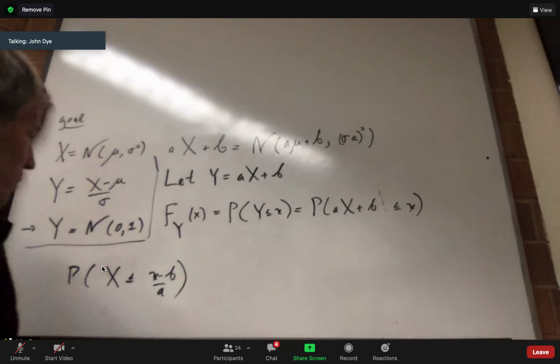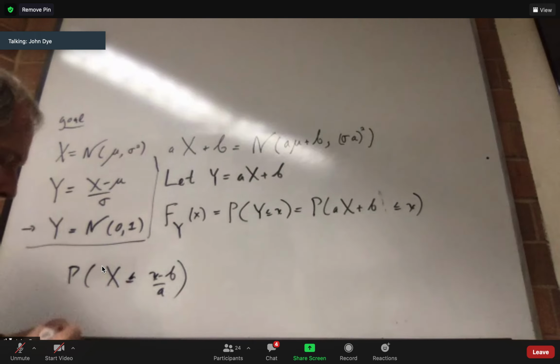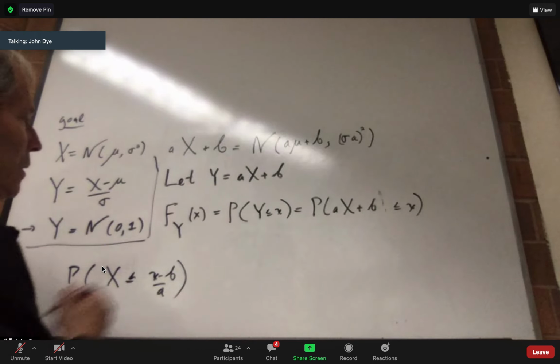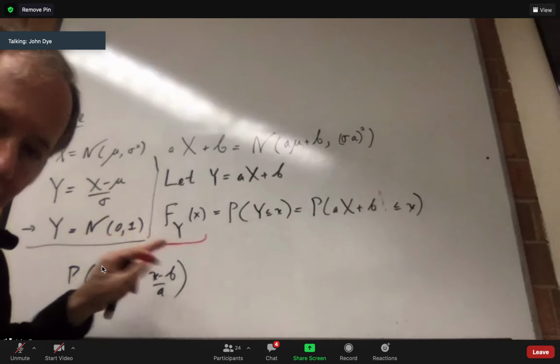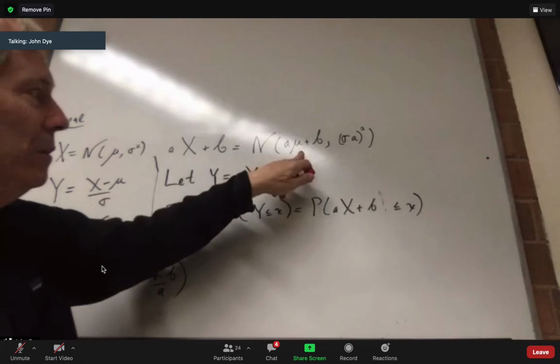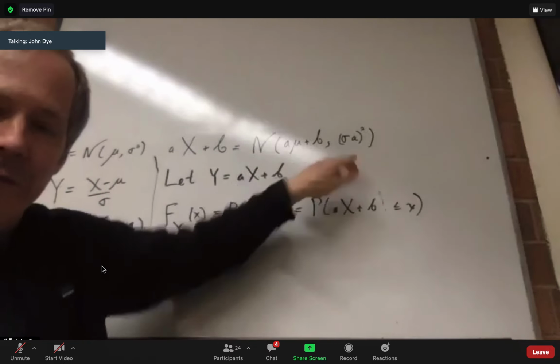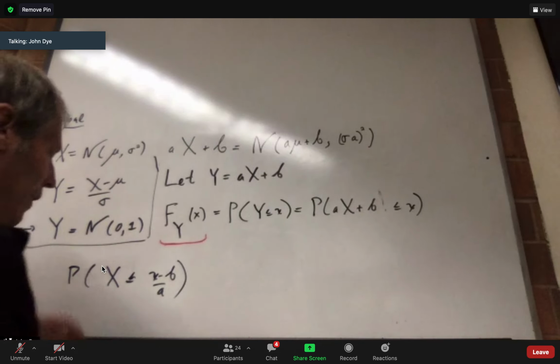Now you have some choices on what to do, because remember, the goal is to find the density function of Y. I'm going to be taking a derivative at some point, and I'm going to see if indeed the two parameters are these right here. Now I'm deviating from the book here.